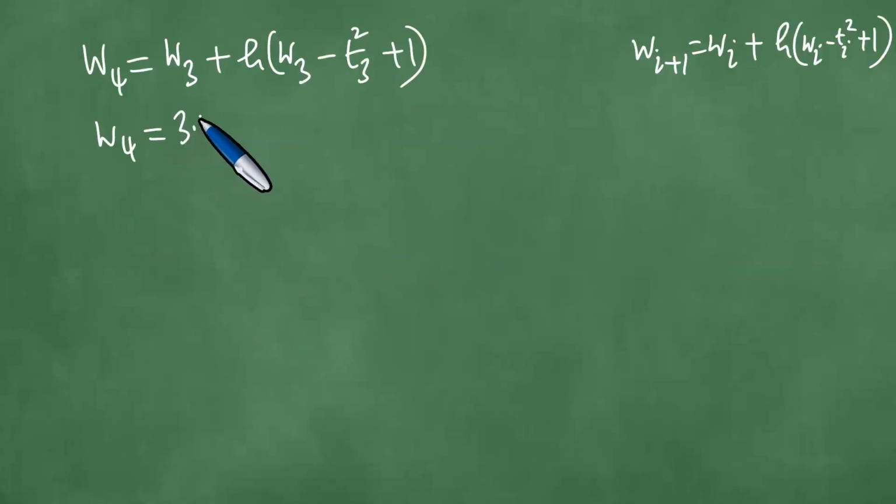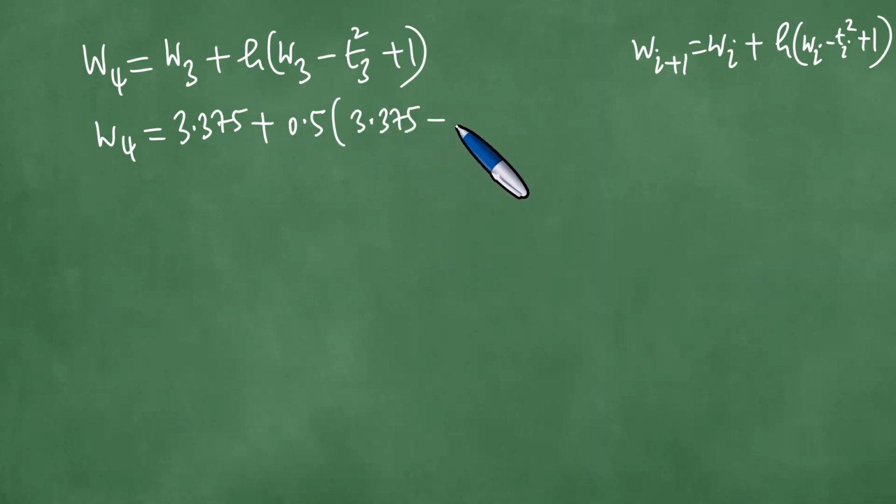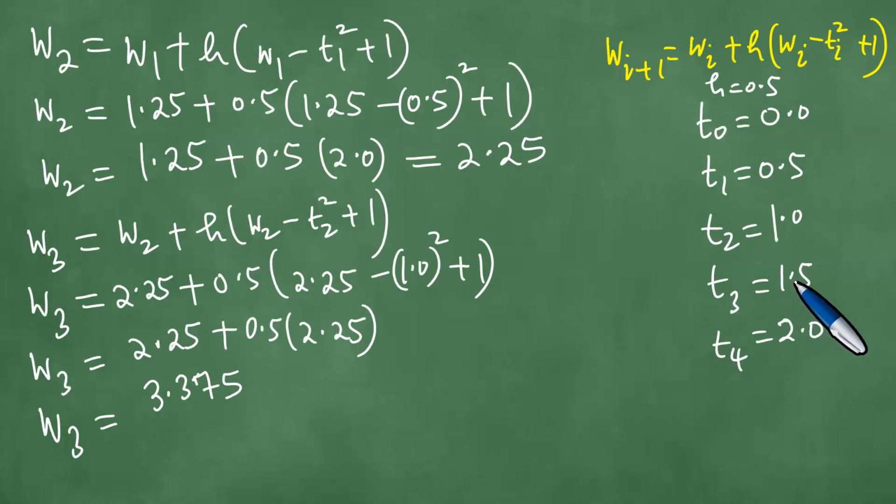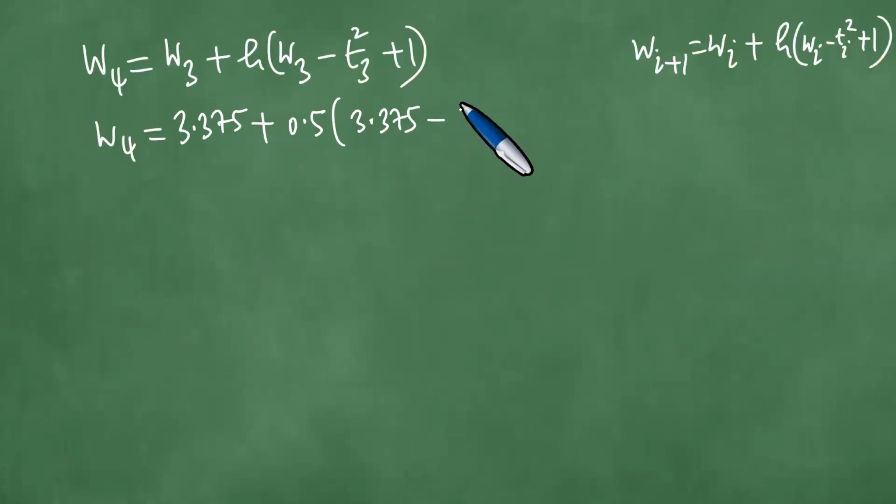So W3 is 3.375 plus H, 0.5. And then W3 is 3.375 minus T3. What is T3? We check, T3 is 1.5. So we substitute T3, which is 1.5, but we square everything according to the differential equation, then we add a 1, like so.